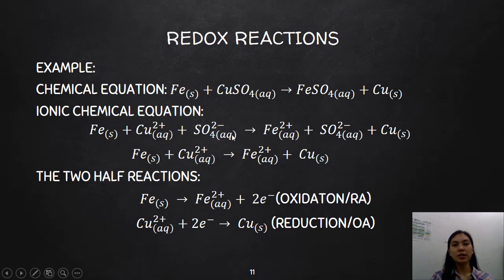This is the left side of the equation, and this is the right side of the equation. We could cancel out the sulfate here and the sulfate here, since they are the same.